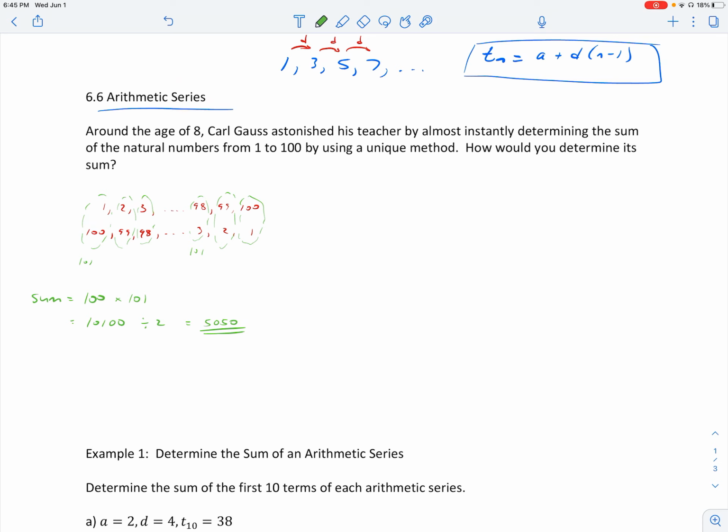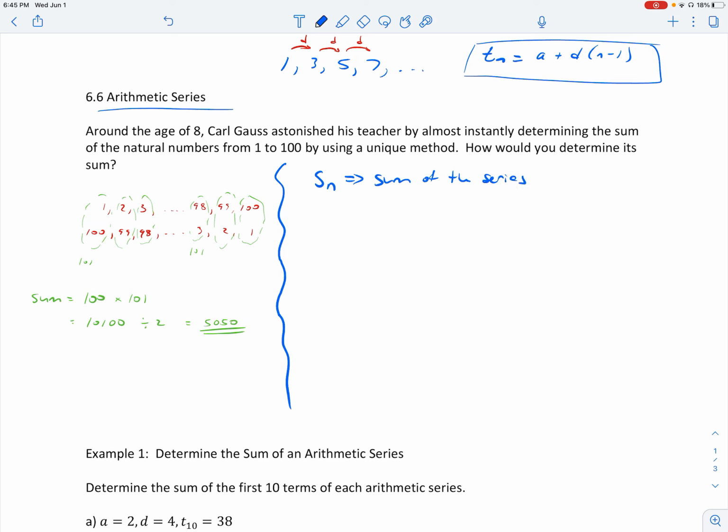We're now going to derive the formula that Gauss basically used, and we'll see how it can work for any arithmetic series. We're going to use the symbol Sn to represent the sum of the series.